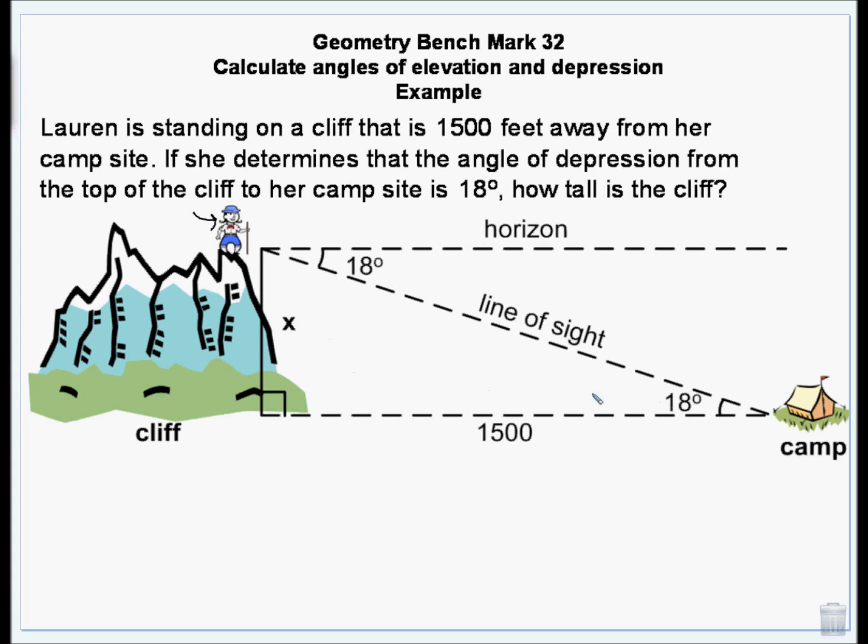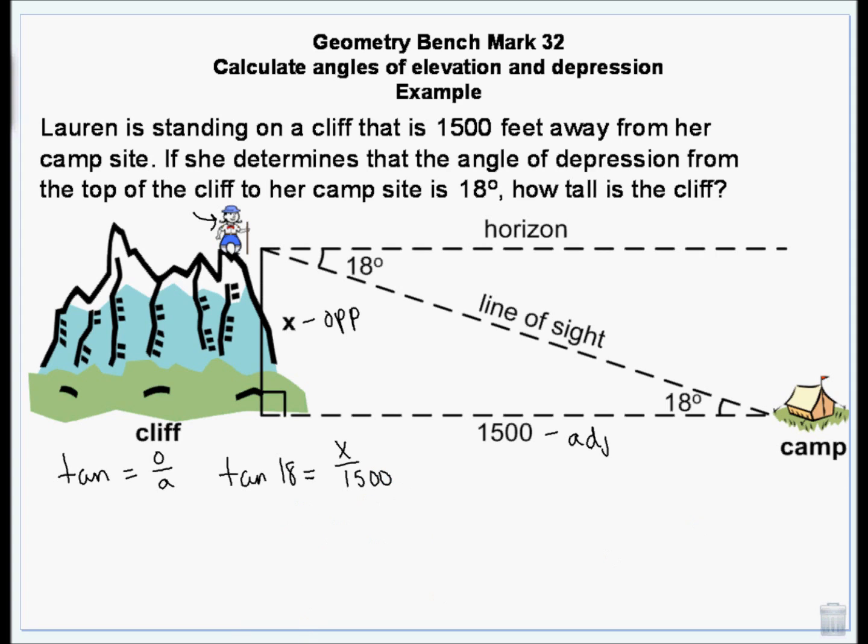What we have here is, if this is our angle, this is the opposite, and this is the adjacent. Now tangent is equal to opposite over adjacent, so we'll use the tangent of 18 is equal to x over 1,500.